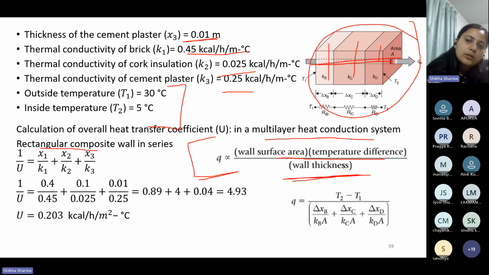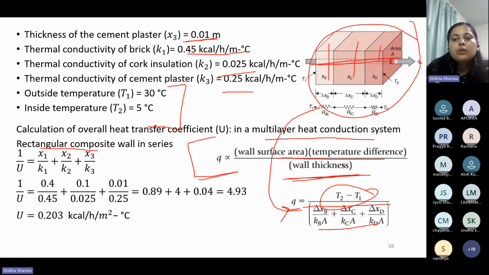In this type of setup, the rate of heat transfer Q is equal to A times the temperature difference times the overall heat transfer coefficient U, and A is the area. Because it is a rectangular composite wall system in series, 1 upon U is equal to x1 by k1 plus x2 by k2 plus x3 by k3.